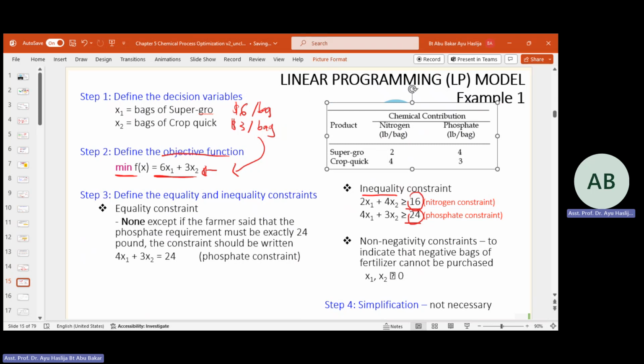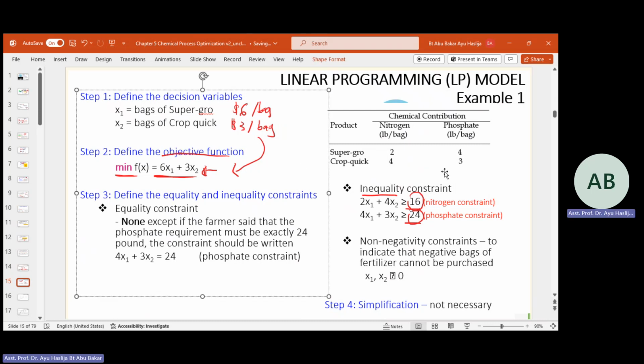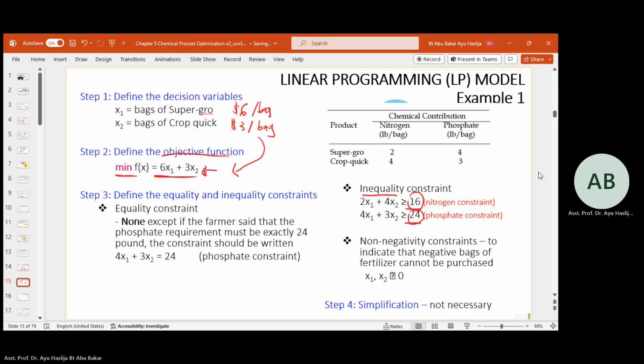Okay, the nitrogen. From this table, nitrogen per bag. Supergrow just now is X1. Crop Quick is X2. Okay, so we develop the equation for nitrogen. 2x1 plus 4x2 must be at least 16.